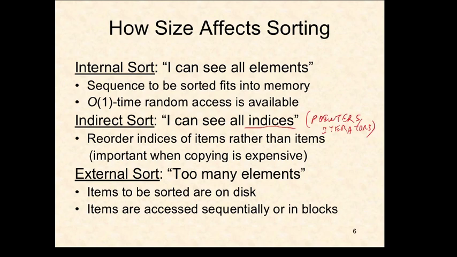I don't want to reorder all of those medical records, but I've got single numbers that I want to use to sort, and they refer to a particular patient's medical record out on a file somewhere. And I could keep those blood glucose levels in memory along with the index and sort them by their glucose level without actually reordering the data, because copying and moving around those patient files on disk would be really expensive.